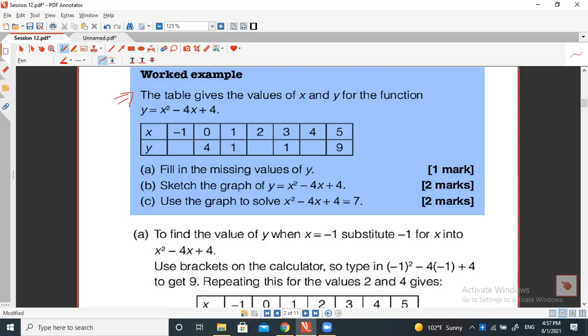The table gives the values of the function y equals x squared plus 4. Fill in the missing values of y.